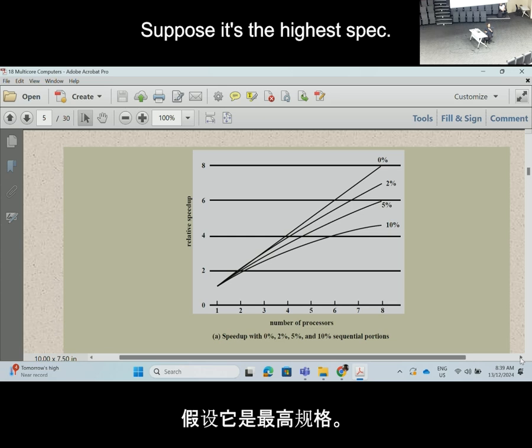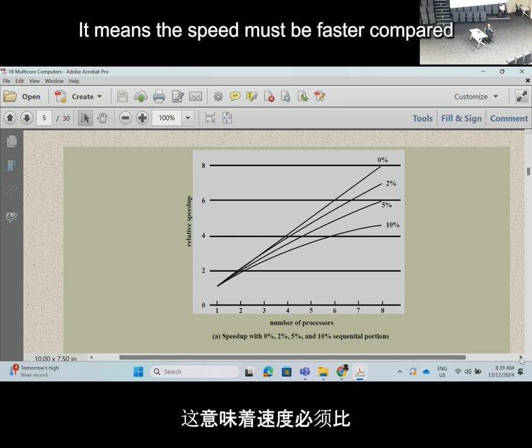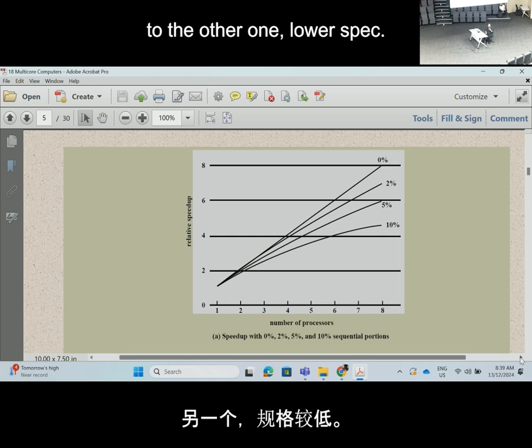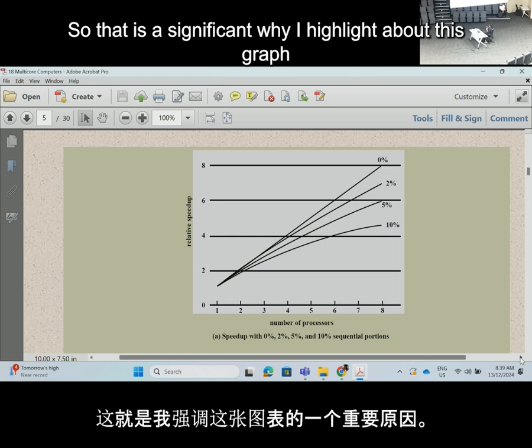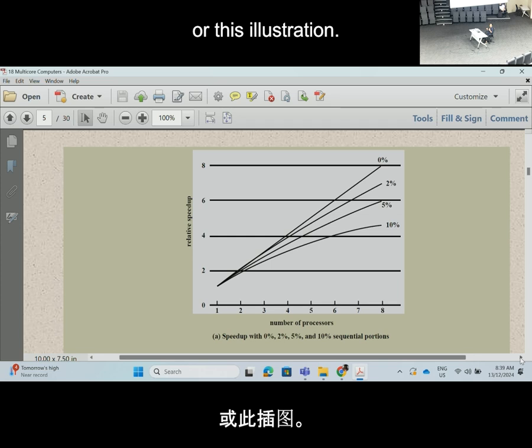What happened? Supposedly it is the highest spec, so the speed must be faster compared to the other, lower specs. So there is a significance to why I highlight this graph or illustration: high spec, but slow.